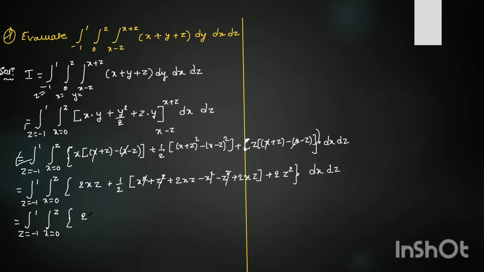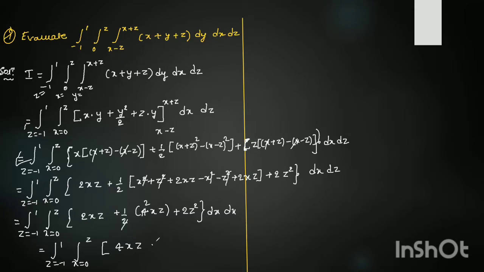In the bracket, already we have 2xz plus 1 by 2, and remaining is 4xz plus 2z square, dx dz. Now 2 2s are 4. So 2xz, 2xz, it is 4xz. So we have 4xz plus 2z square dx dz.